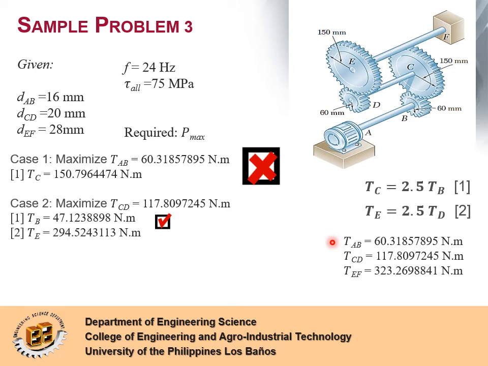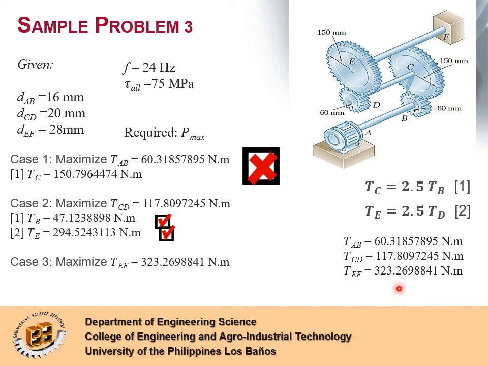T sub CD is also the torque at gear D. T sub E is equal to 294.5243113 using equation 2. This also has a check mark because it is below the allowable torque of shaft EF, which is equal to 323 Newton meter.